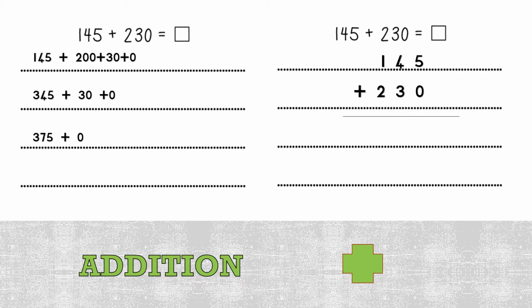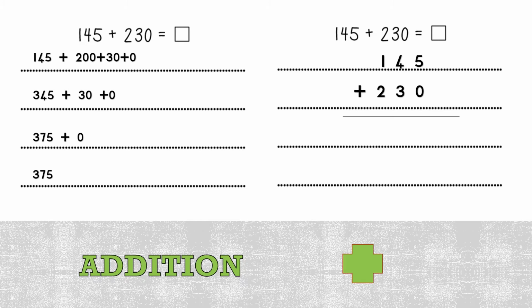That's where we get 375. And then our last friend is 0. We must plus him even though he won't make a difference. So our answer will be 375.